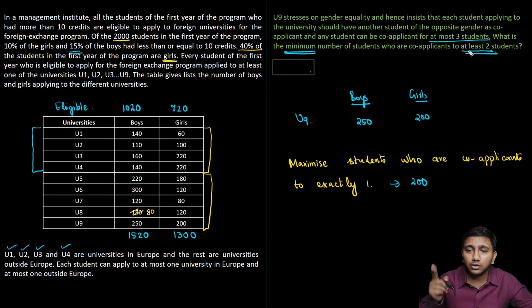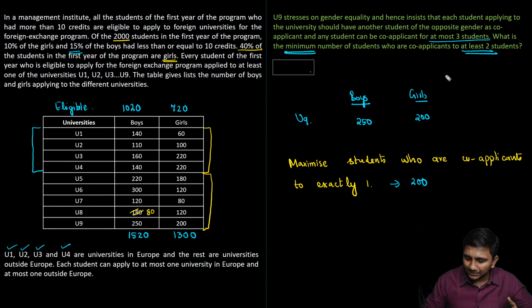Now let's see what is the maximum number of co-applicants that a girl can have. At most 3. So if I were to pick up a girl out of this 200 and assign her one more boy as co-applicant, might as well give her 2 more boys as co-applicant. Because I want to finally minimize the number of students who are having at least 2 students as co-applicant.